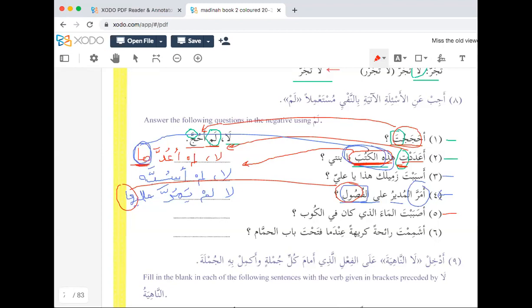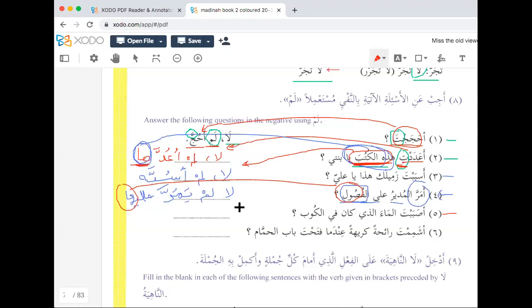تفضل يا إبراهيم. لا لم أصب الماء. Now, can you read the question? أصببت الماء الذي كان في الكوب. Did you pour away the water that was in the cup?